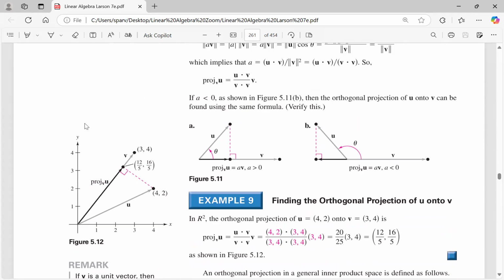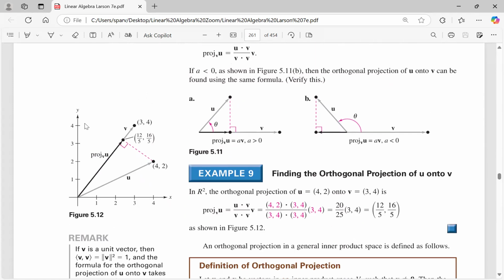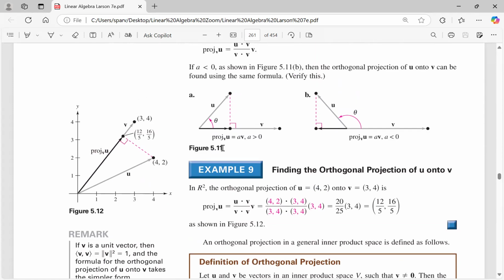Now, if you look at figure 5.11, part A, just the projection. Here's vector u, and you have a vector v. For the projection of u, you draw a perpendicular from the tip of u onto v. And this vector, the projection of u onto v, is going to be this boldface vector. Notice the projection of u onto v is a scalar multiple of v.